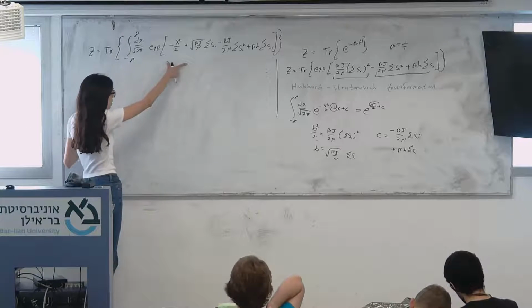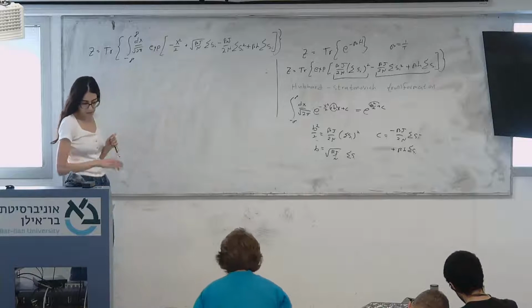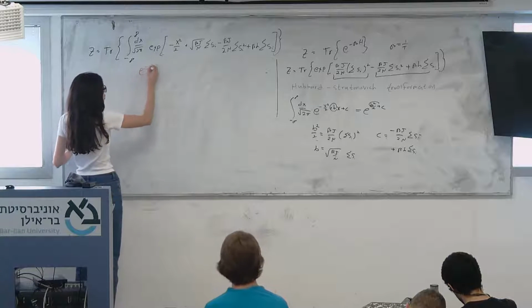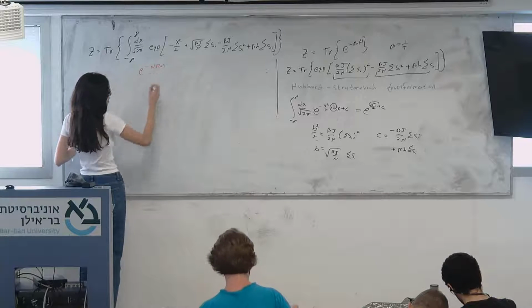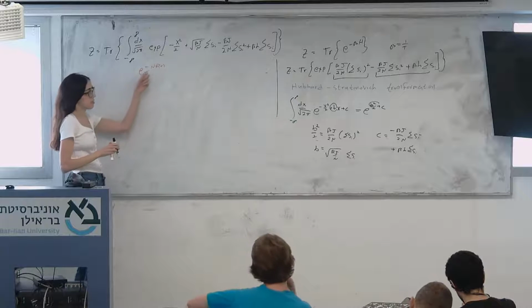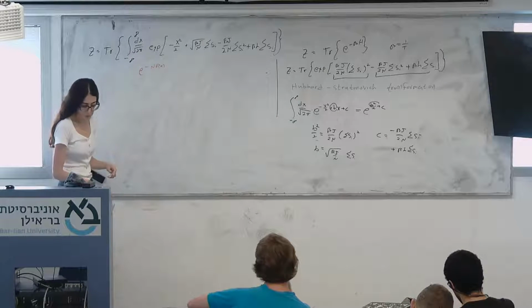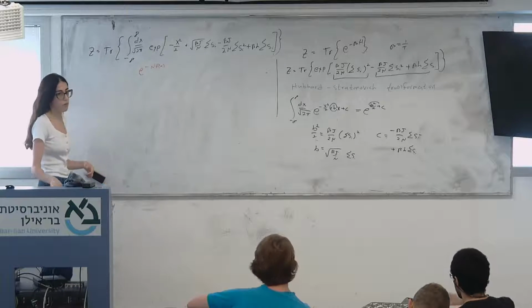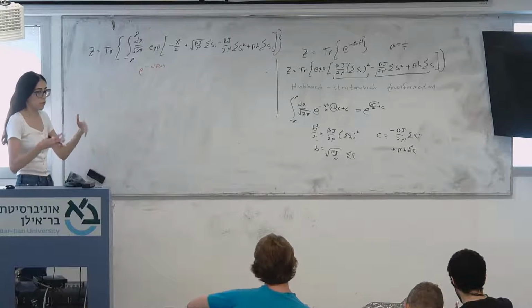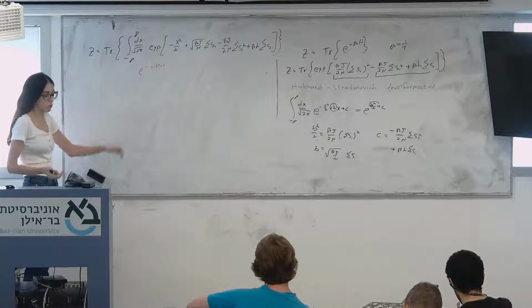I want to make this look like e to the minus n f of x, something that's multiplied by n. You technically don't have to do that when you actually go through the solution, but just to make it look more clear, we're going to go through all of the steps.